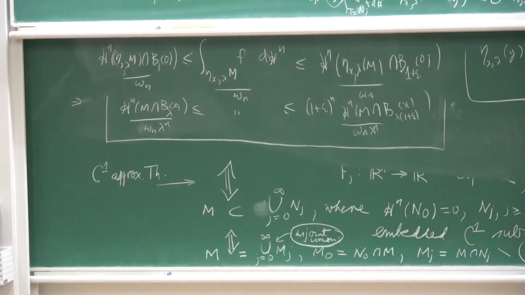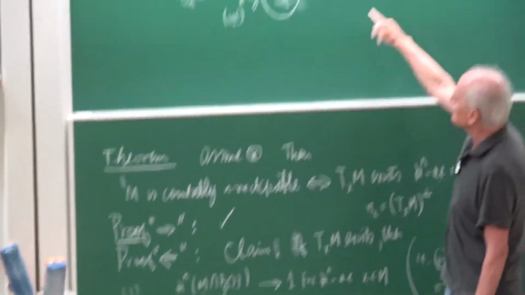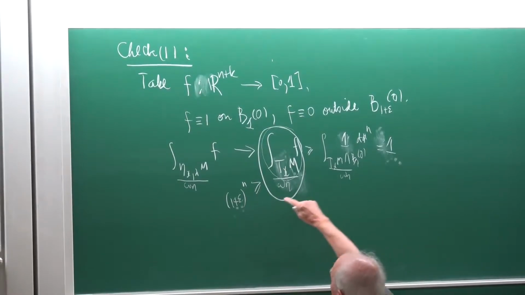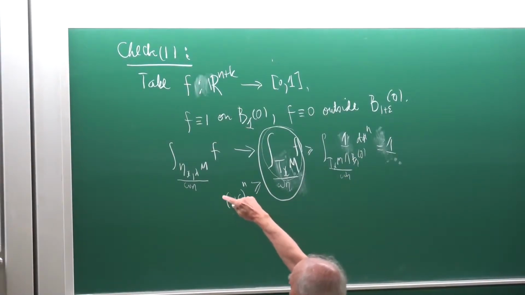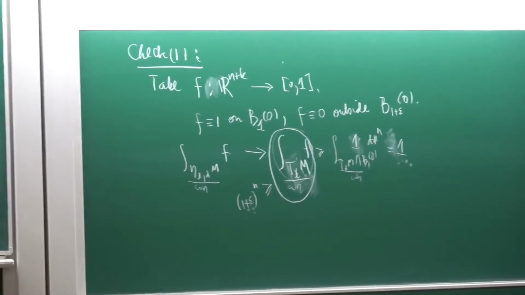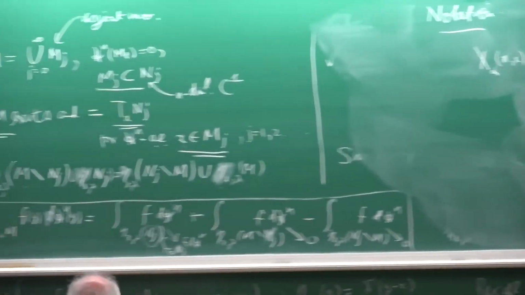Well, now you just put these things together. You see that this clearly says that the difference between the number 1 and this integral is less than a constant depending only on epsilon, which tends to 1.